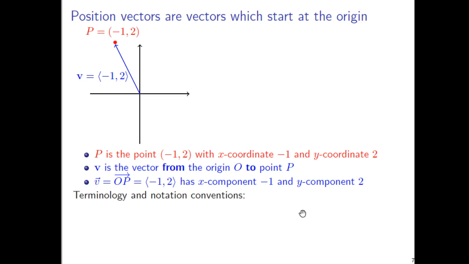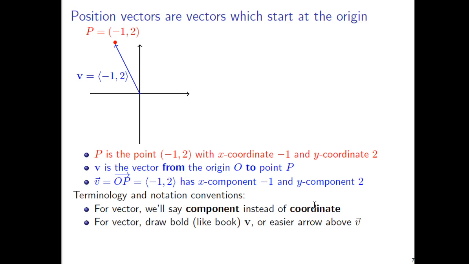So terminology and notation convention matters. For a vector, we're going to say component instead of coordinate. If you're a little lackadaisical about this, or I am, I think it's going to be okay. But to start, I'm going to try to stick with coordinates to describe the individual numbers in a point, and components to describe the individual numbers in a vector.